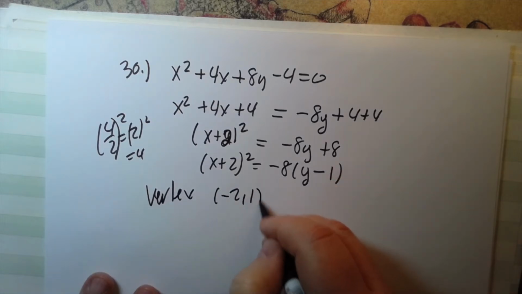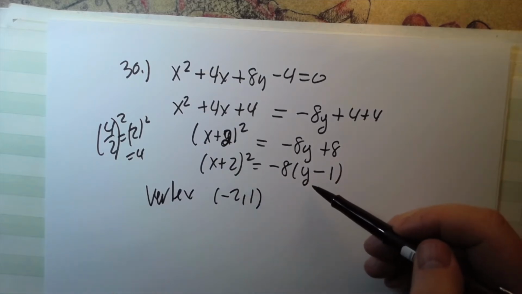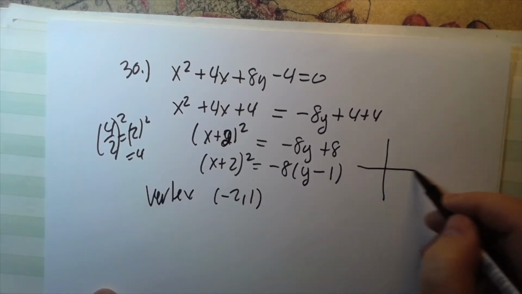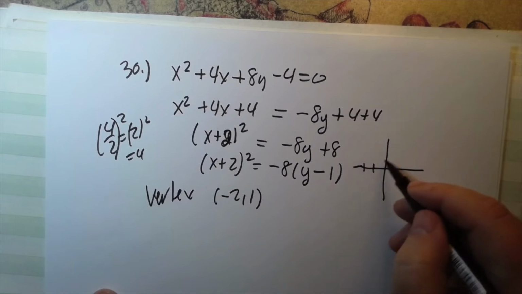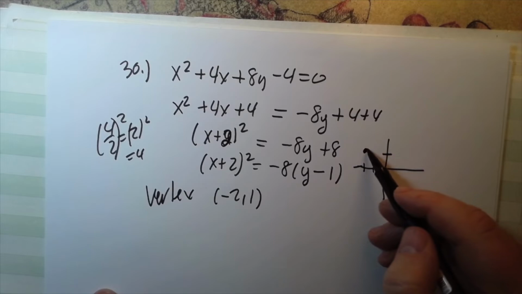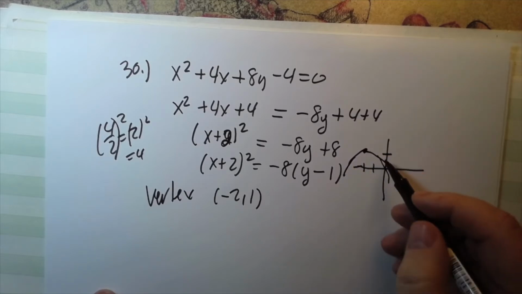I know that since I'm squaring the x, and the y is not being squared, that this thing opens up in the y direction. So I go -2 and +1, so I'm here. And then this is negative, so it's going to be opening down, like this.